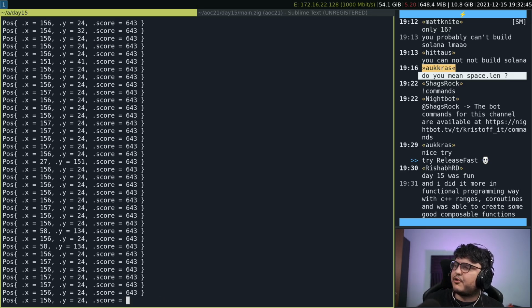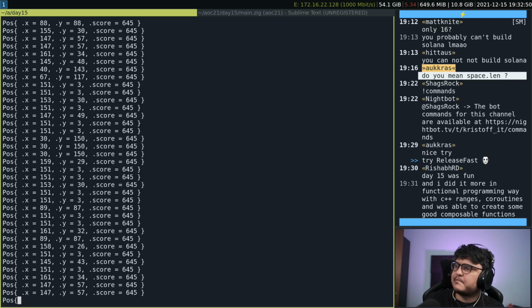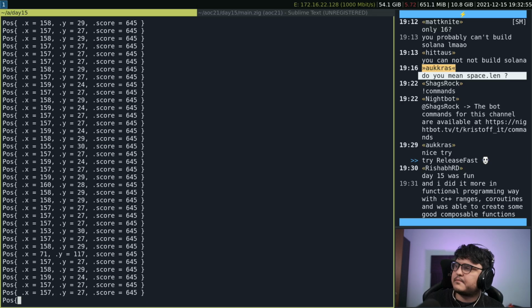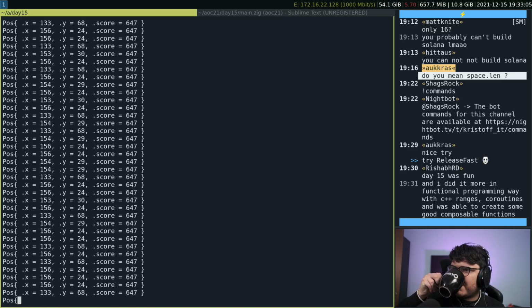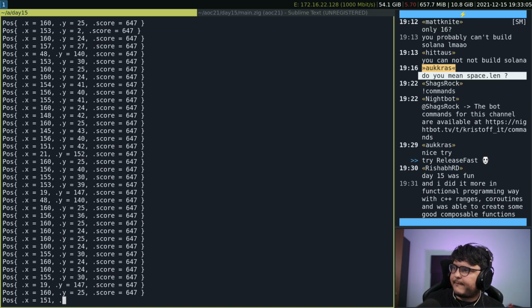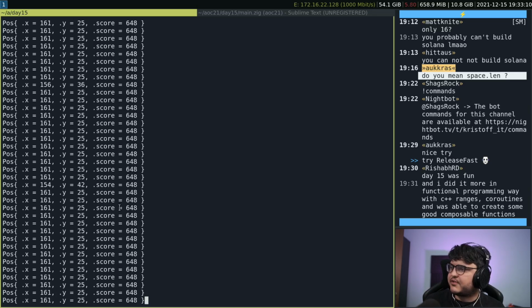I think there's something wrong in our Dijkstra. So let's look also at the coordinates.